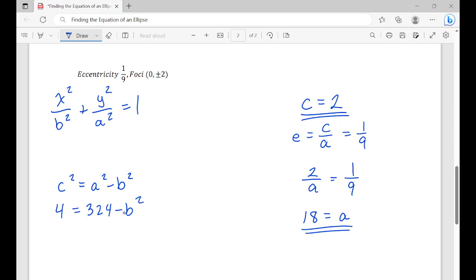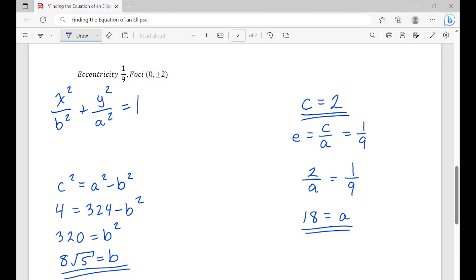Move everything to one side. I'm going to end up getting 320 equals b squared. Square root both sides and simplify. I'm going to end up having 8 root 5 equals b, because I don't really need the negative, just the positive. So now I have a and b.